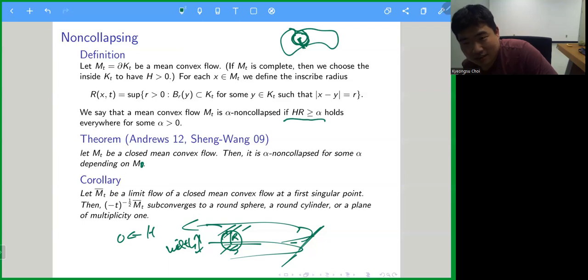Please see the definition of kappa non-collapsing. So it cannot be the limit of a closed 3D Ricci flow. So Perelman actually excluded these cases by using this non-collapsing.